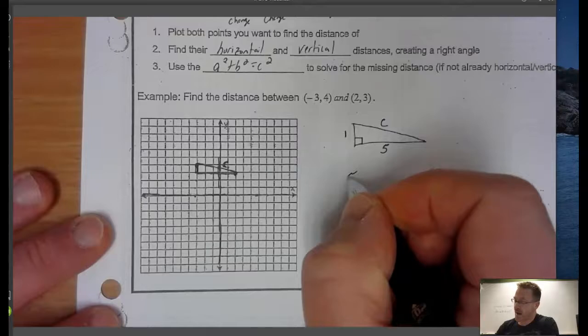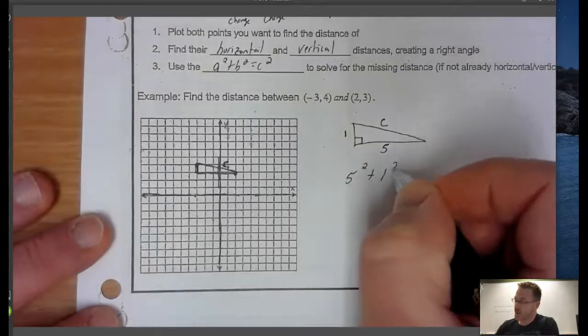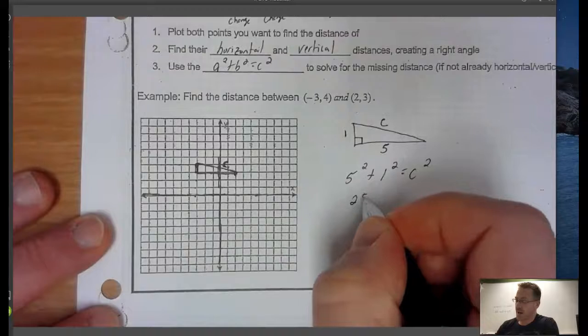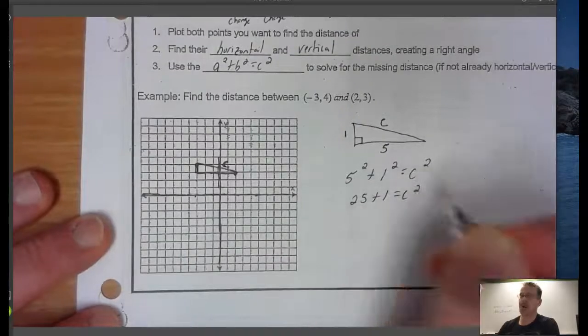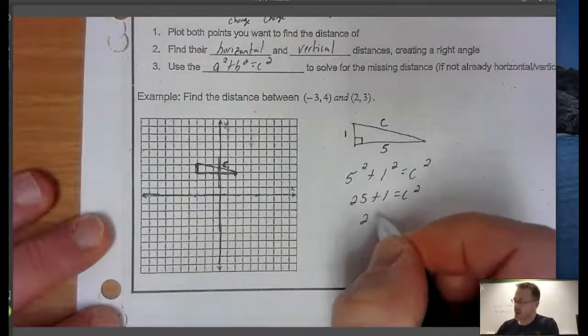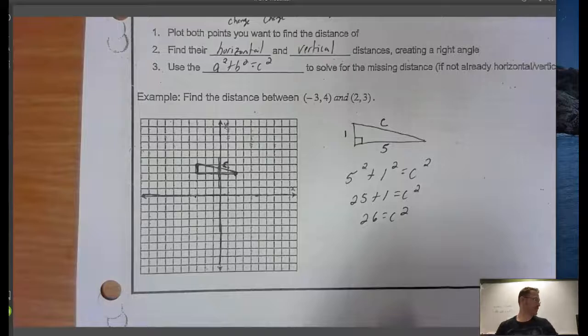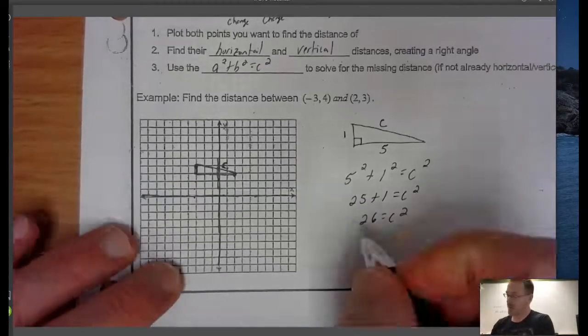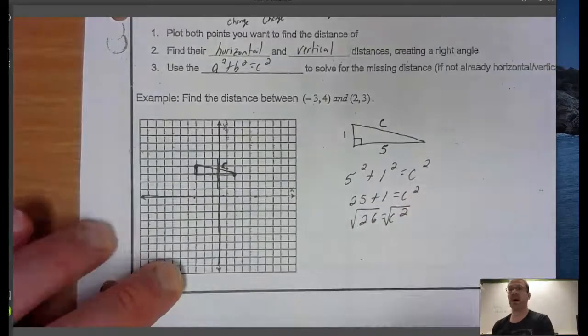So I would have 5 squared plus 1 squared equals c squared. This is 25 plus 1 equals c squared, and then 26 equals c squared. Let me grab my calculator, because we know from what we've done in algebra that to solve for c here, we need to take the square root of both sides.